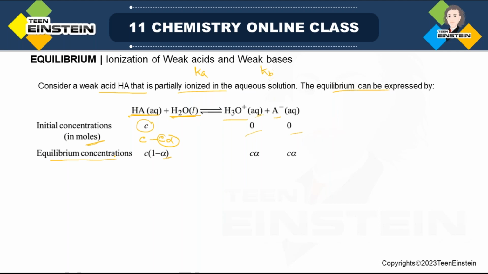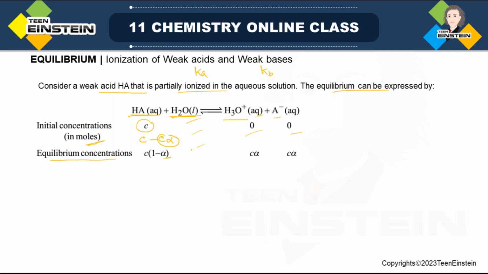Now the fraction that is dissociated is C alpha. So just subtract it from the initial moles, which is C. So it is C minus C alpha, or you take C common, it will be C into 1 minus alpha. We are not writing any value for H2O because it is the same before and after dissociation.